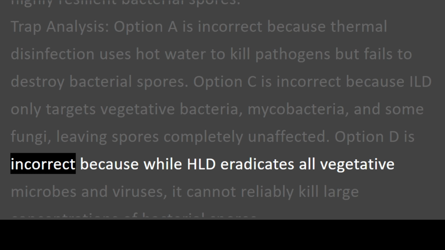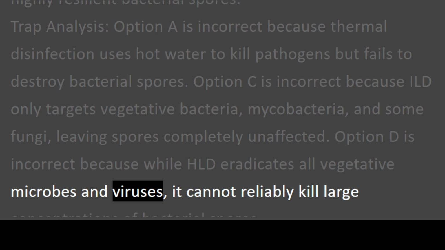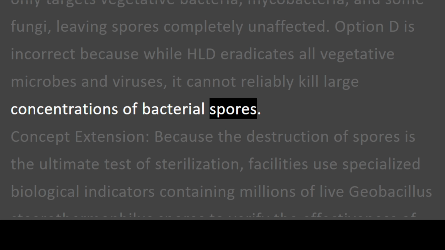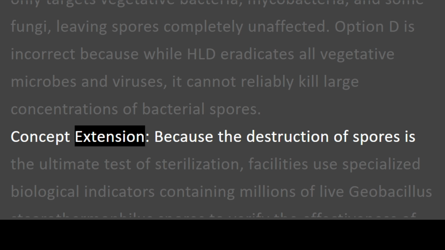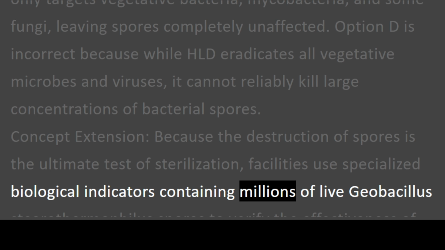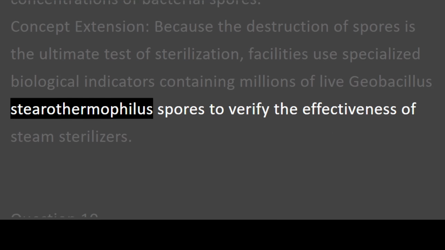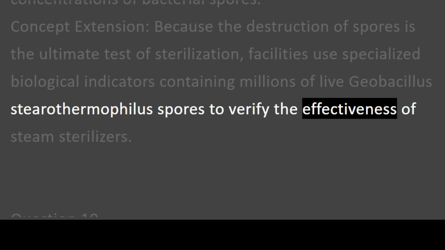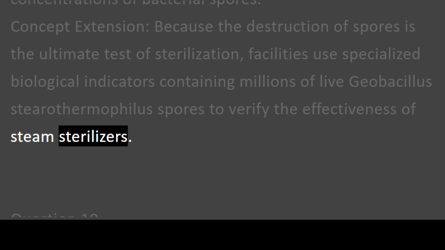Option D is incorrect because while HLD eradicates all vegetative microbes and viruses, it cannot reliably kill large concentrations of bacterial spores. Concept extension. Because the destruction of spores is the ultimate test of sterilization, facilities use specialized biological indicators containing millions of live Geobacillus stearothermophilus spores to verify the effectiveness of steam sterilizers.